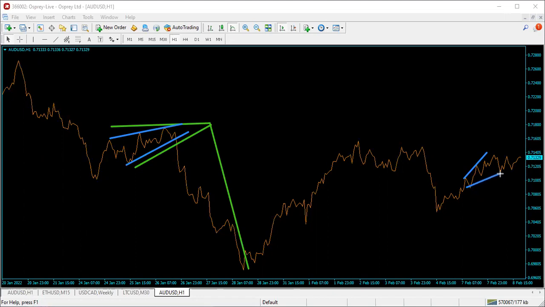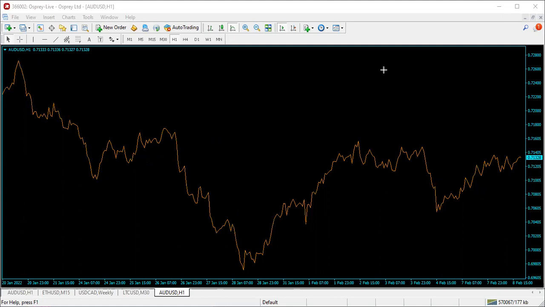And they're still valid, oddly enough. So if you have an inverted broadening wedge, it is still an uptrend pattern. So again, how do you find a rising or falling wedge? You turn on the line chart, doesn't matter what you're looking at.